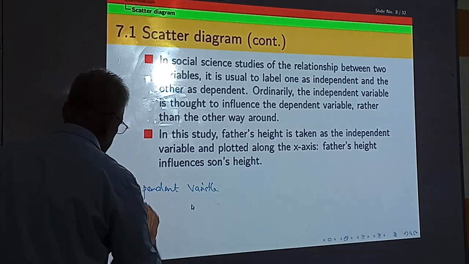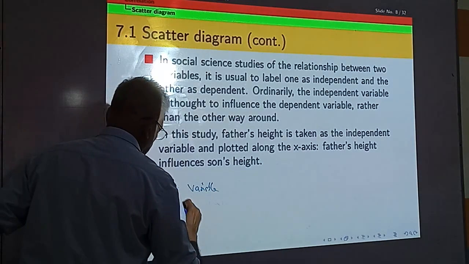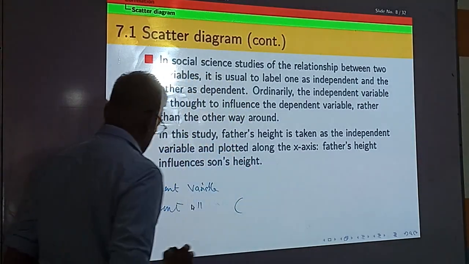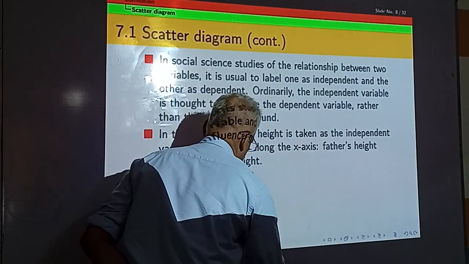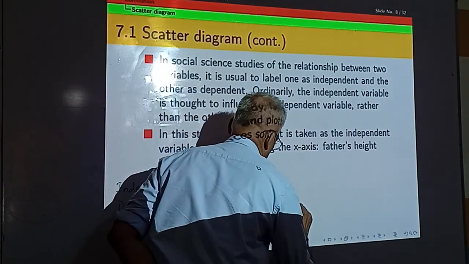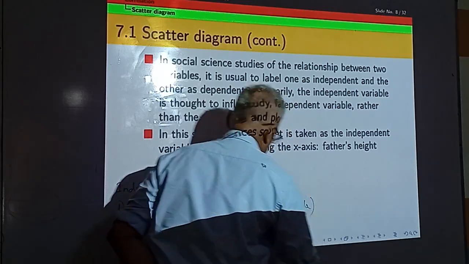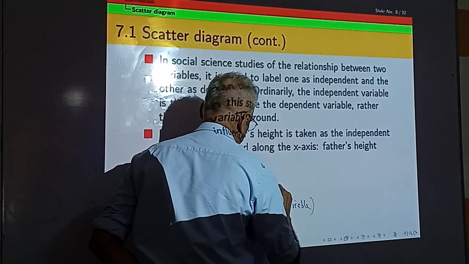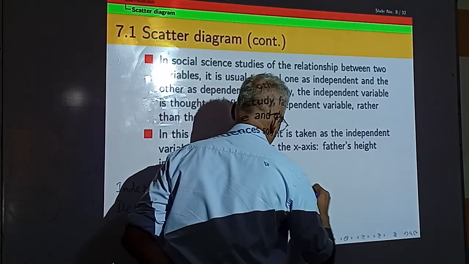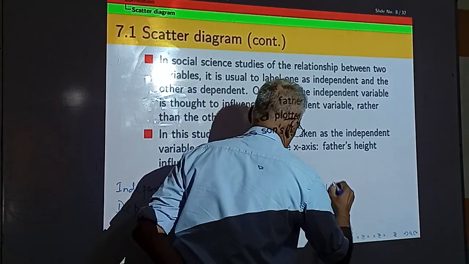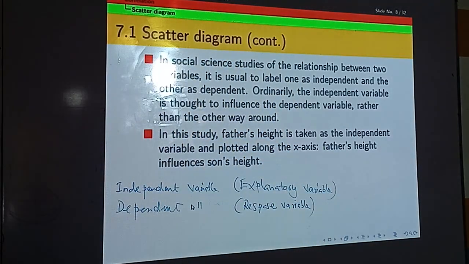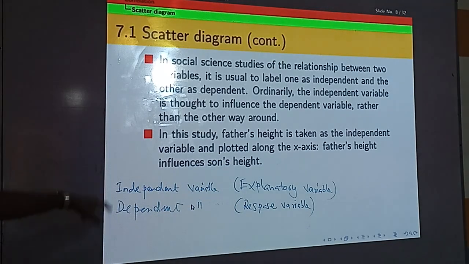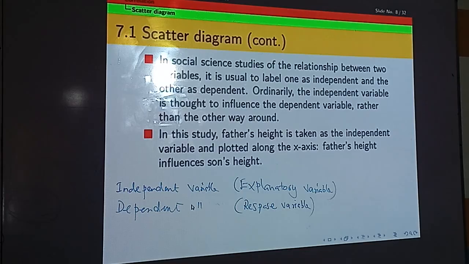Dependent variable is also called response variable. Independent variable is called explanatory variable. These two words are more meaningful than these ones, but these ones were the earlier usage.